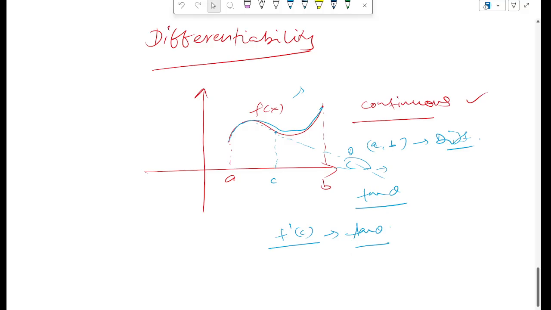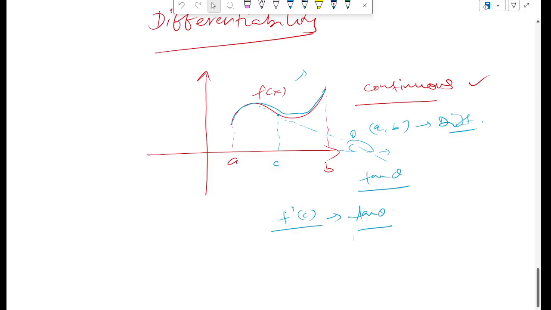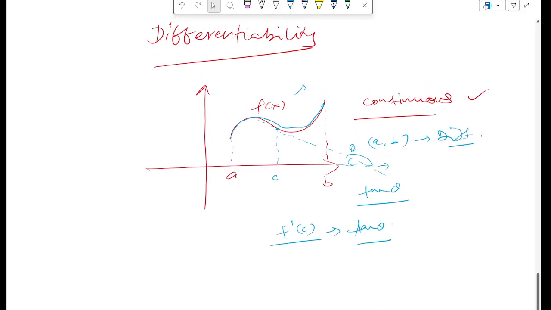How we calculate this and whether there is a formal mathematical formula, we will talk about very soon. First, we understood the meaning of differentiability. That's very important. The meaning of differentiability is whether the graph is smooth or not.